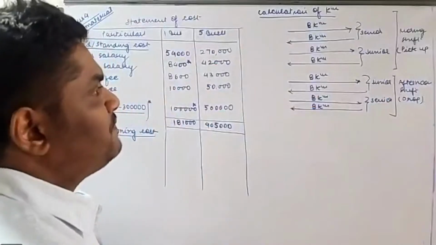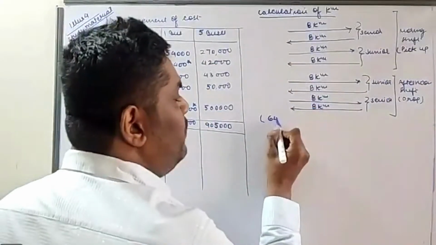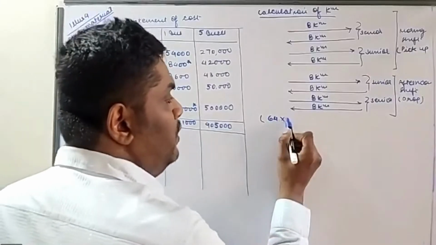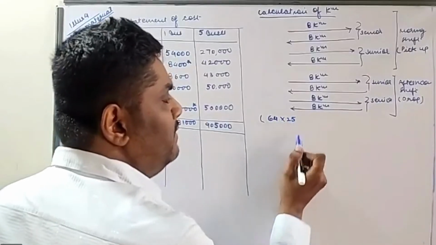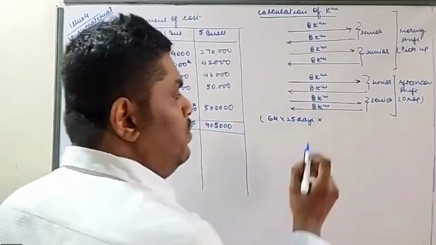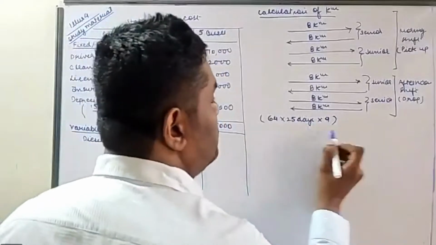So fine. So now on an average, a bus travels for 64 kilometers in a day into 25 days in a month into total 9 months in a year. This is for per bus.